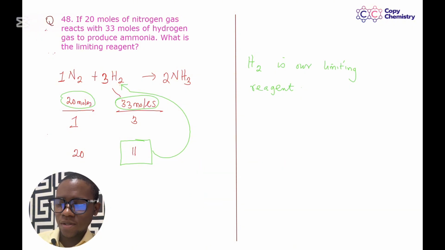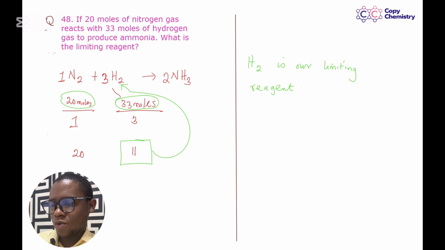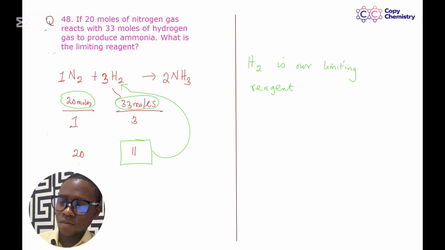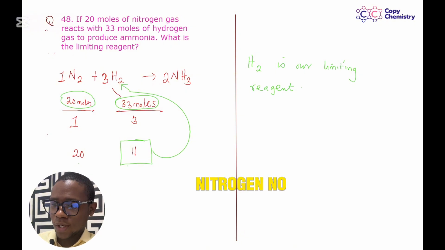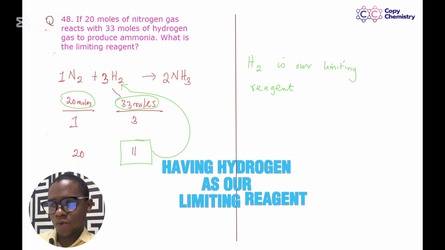You have to go ahead to divide the moles by the stoichiometric coefficient, which is the number in front of the balanced equation, before you get values, and then whichever one is the smaller one becomes your limiting reagent. Okay, so don't make the mistake of just picking 20 and then saying that it's nitrogen. No, in this case we ended up having hydrogen as our limiting reagent.